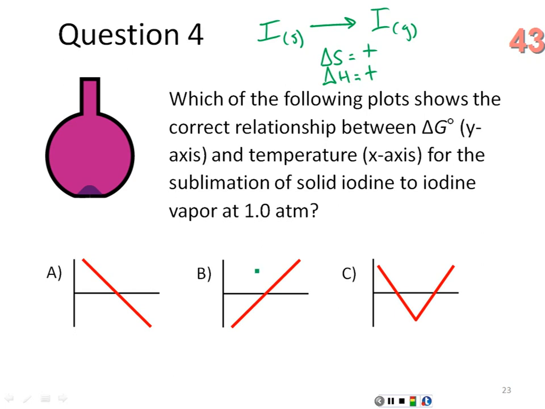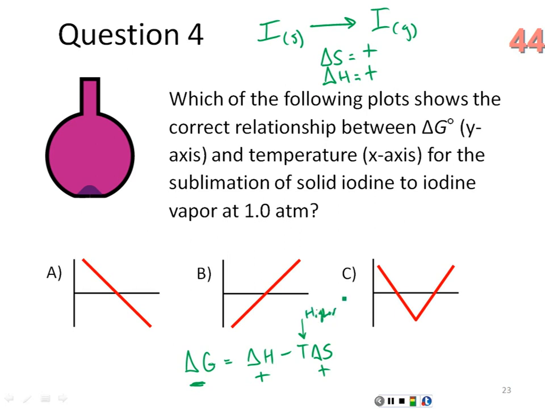Now let's think about our equation for delta G. Delta H minus T delta S. So if both delta H and delta S are positive, when is this reaction going to be spontaneous? When is delta G going to be negative? Well, delta G is going to be negative when temperature is higher.